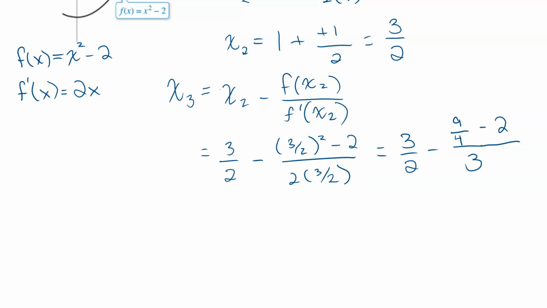Least common denominator is 4, so multiply by 4 over 4. We've got 9 minus 8 over 4, over 3.